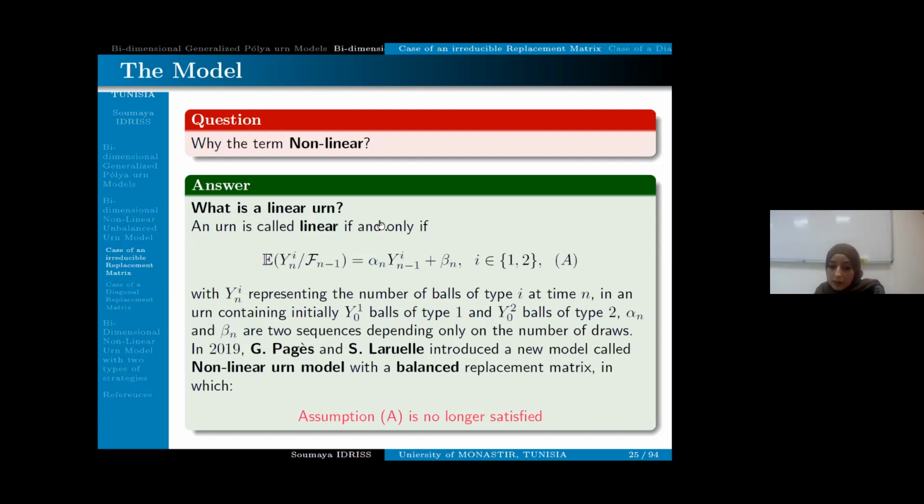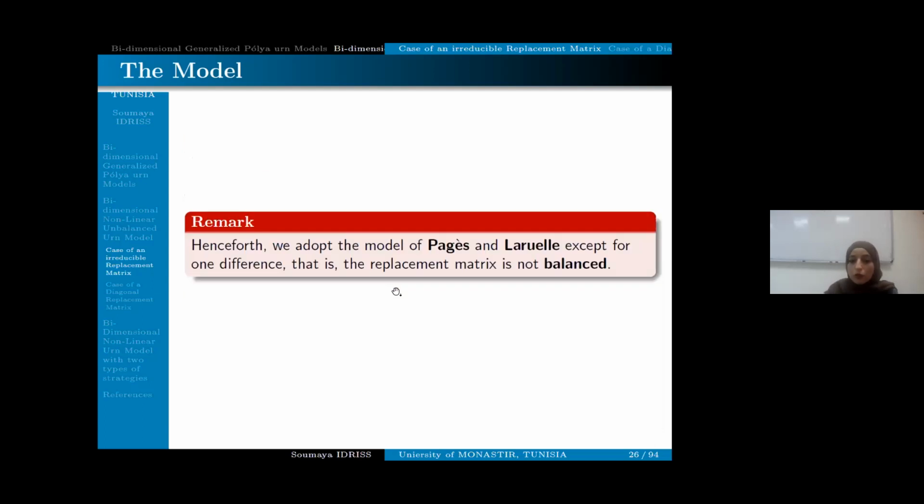In 2019, Gilles Pagès and Sophie Laruelle introduced a new model called the nonlinear urn model with a replacement matrix that is balanced, in which this assumption is no longer satisfied. So in the rest of this work, we will adapt the model of Pagès and Laruelle, except for one difference: our replacement matrix is no longer balanced.